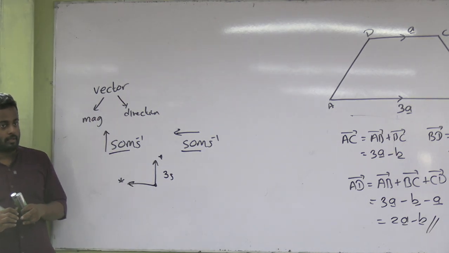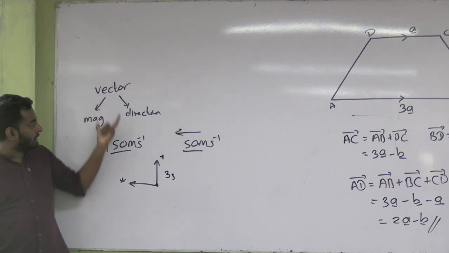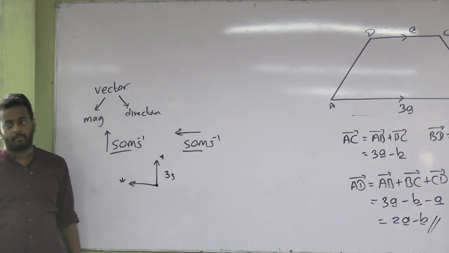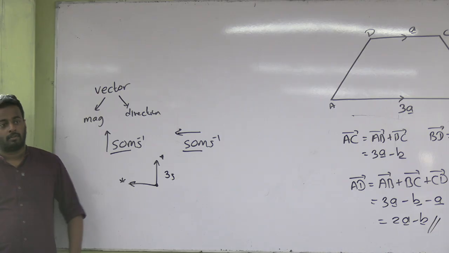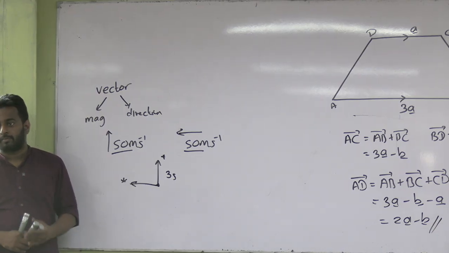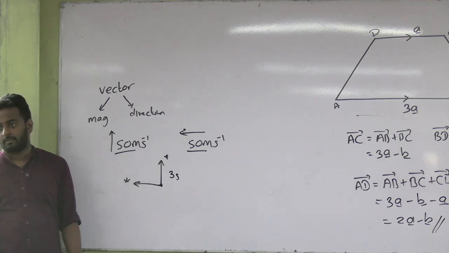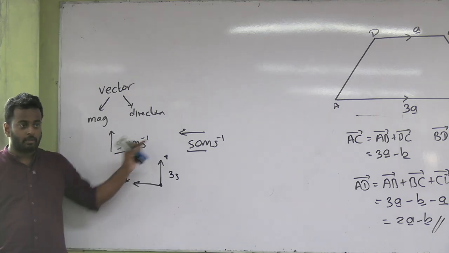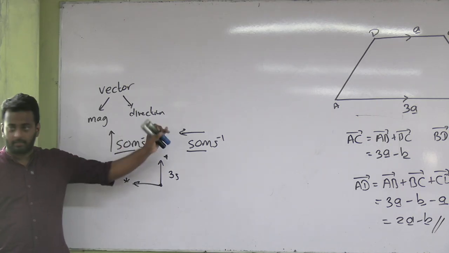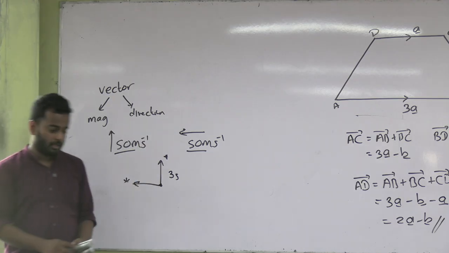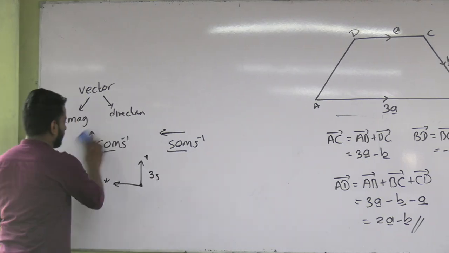Are you okay with that? So for two vectors to be equal to each other, what must be the condition? Both the magnitude and the direction should be equal to each other. Okay? Right, now we'll consider a square.